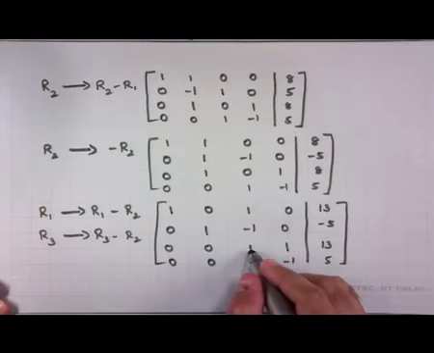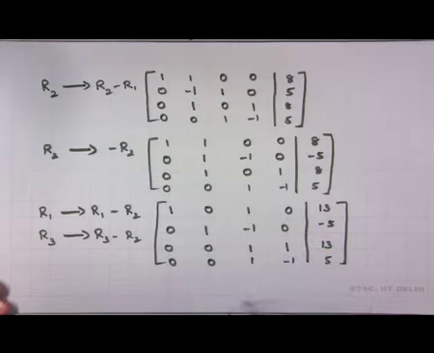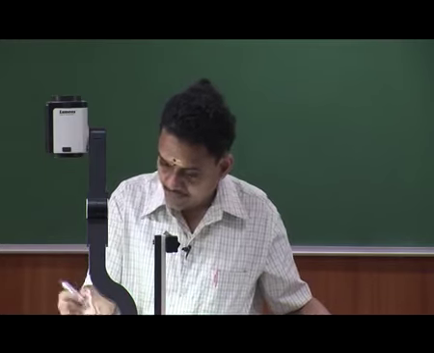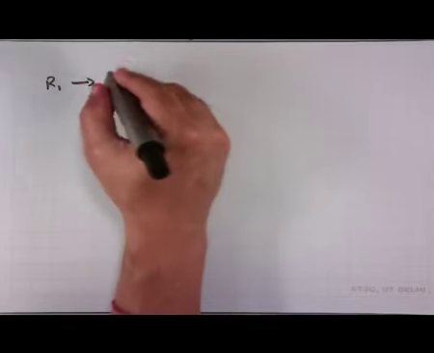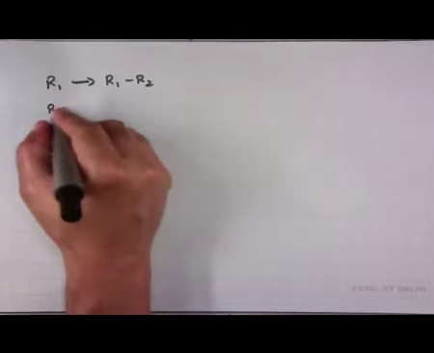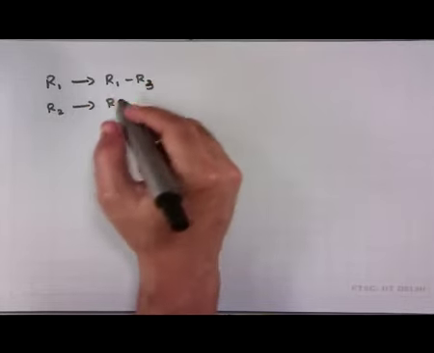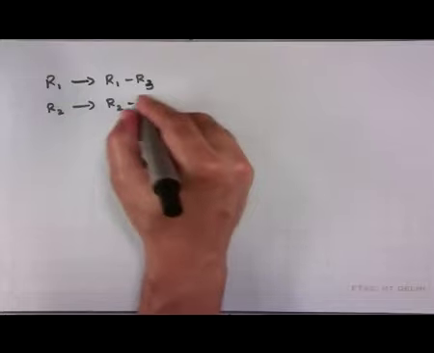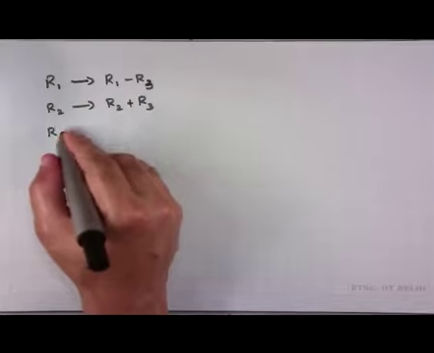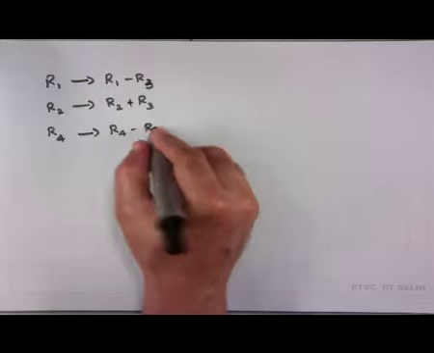Now that you have 1 over here, let us convert the other elements which are 1, minus 1 and 1 into zeros. R1 is replaced by R1 minus R3, R2 is replaced by R2 plus R3, and R4 is replaced by R4 minus R3.